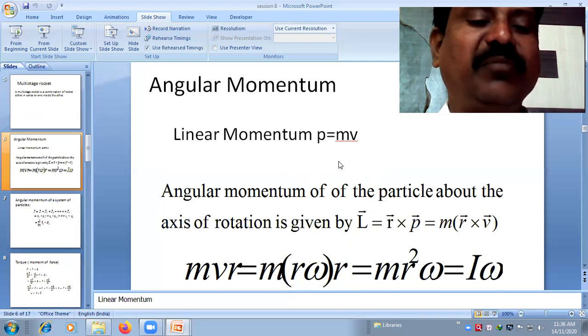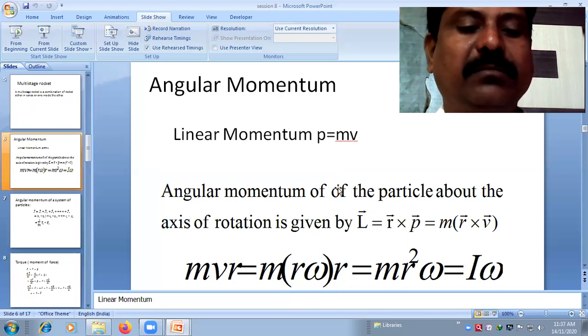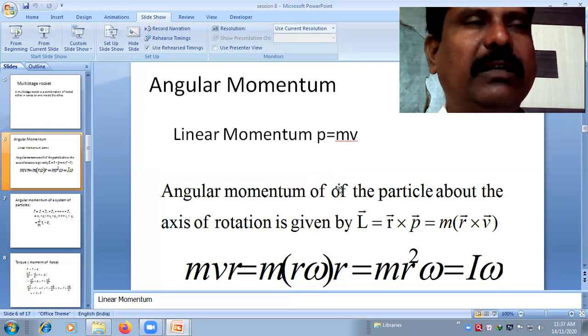Then the linear momentum of the particle is given by P equals M into V. But here, the moment of the linear momentum of the particle about the fixed point is known as the angular momentum of the particle.